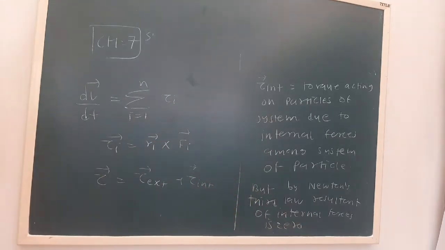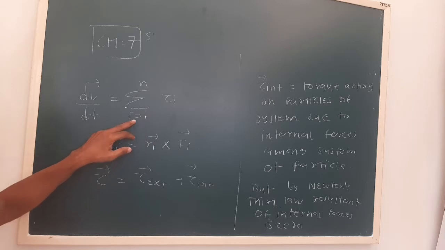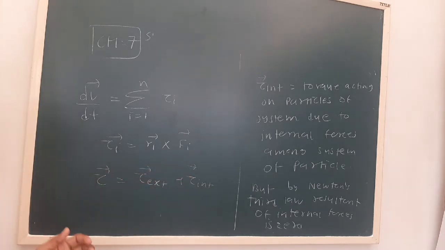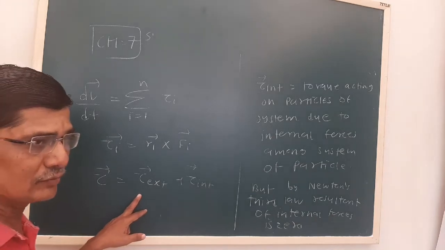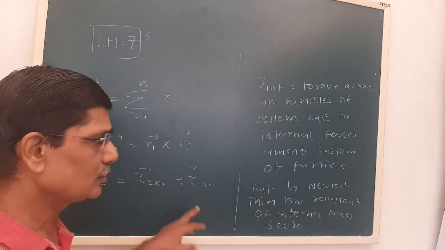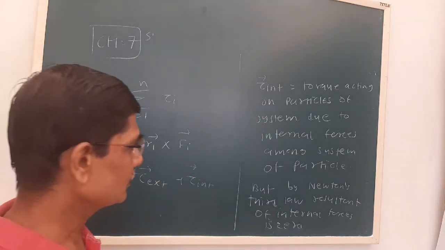Now here, dL/dt is torque. It is the summation of torque from i equal to 1 to n, r_i cross F_i. The total torque acting on the system we can consider as the external torque, because of the external forces, and the internal torque, produced due to internal forces among the system of particles.